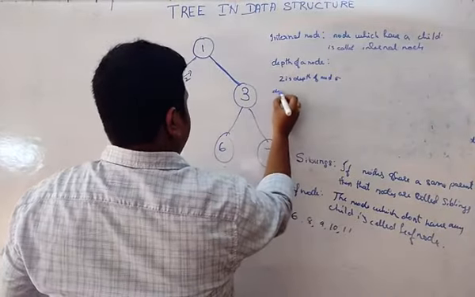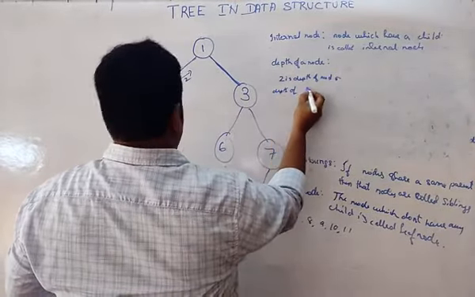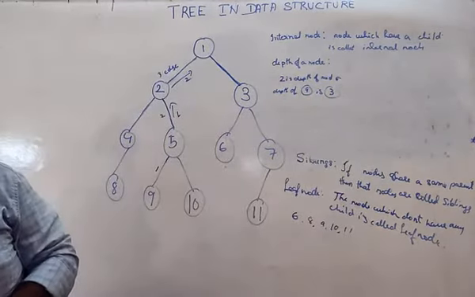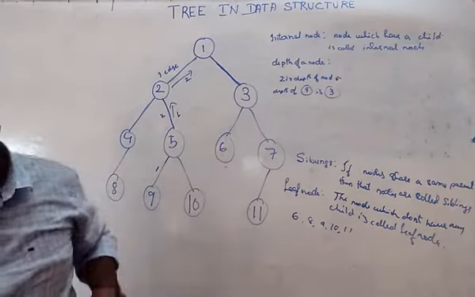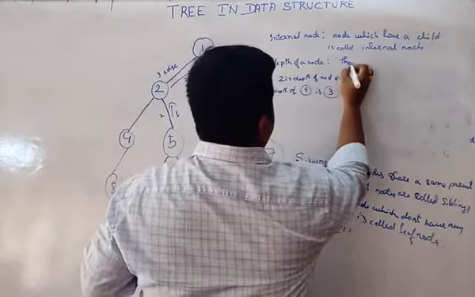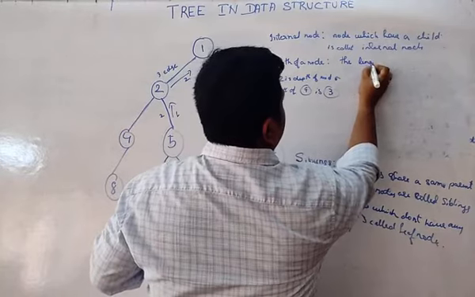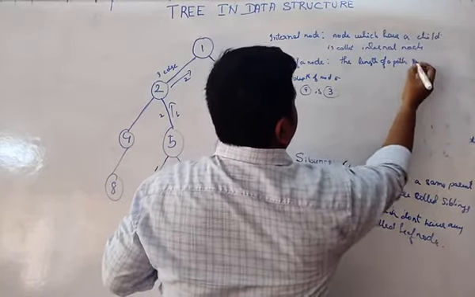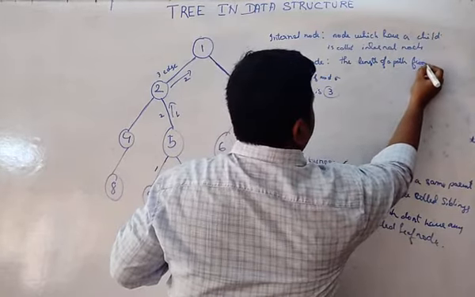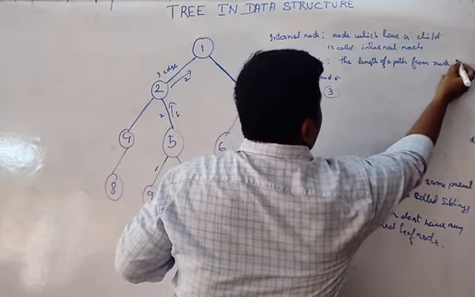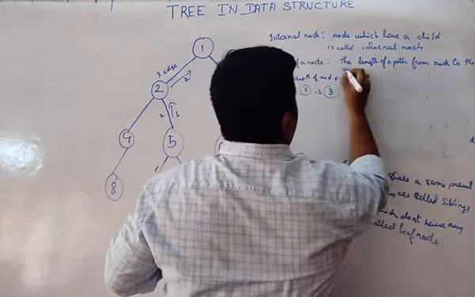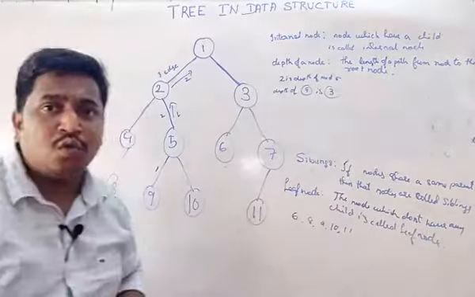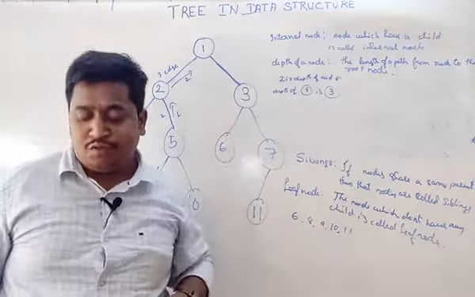So the depth of 9 is 3. The depth of a node is the length of the path from the node to the root node.